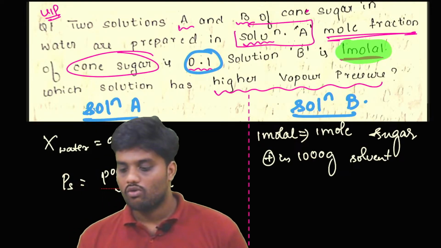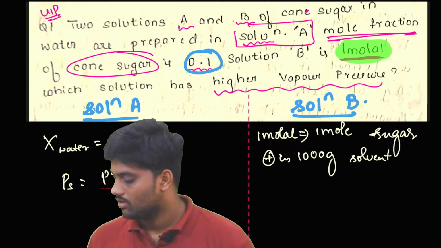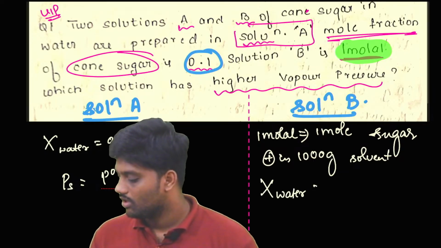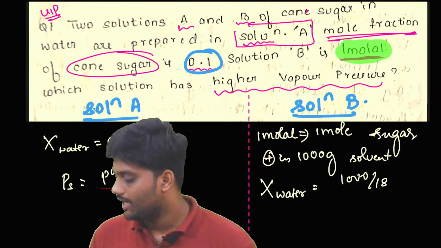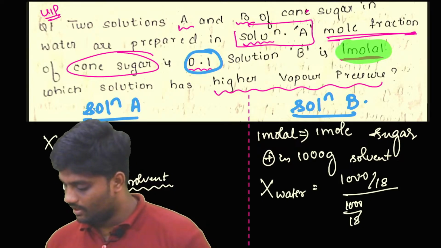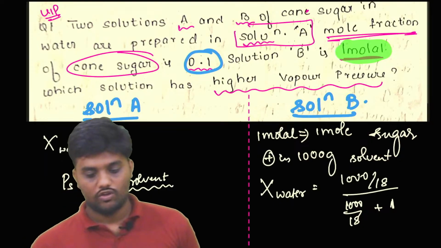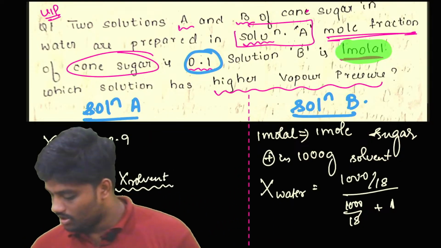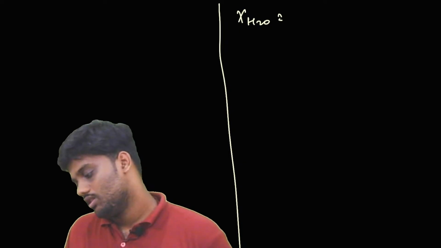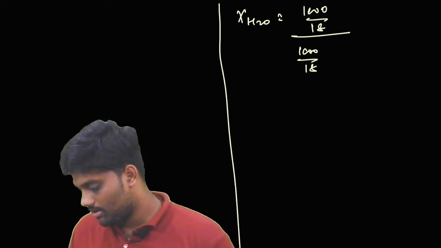Now go for the water mole fraction. Mole fraction of water is equal to (1000 upon 18) divided by (1000 upon 18 plus 1 mole of sugar). That means mole of the solute is 1.